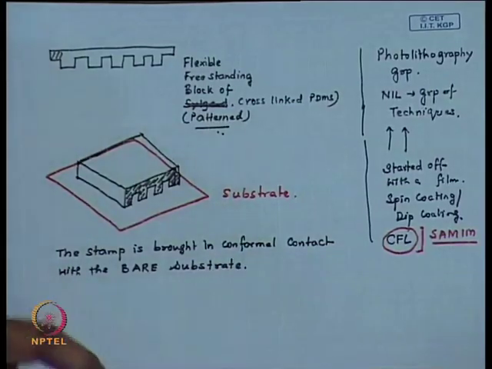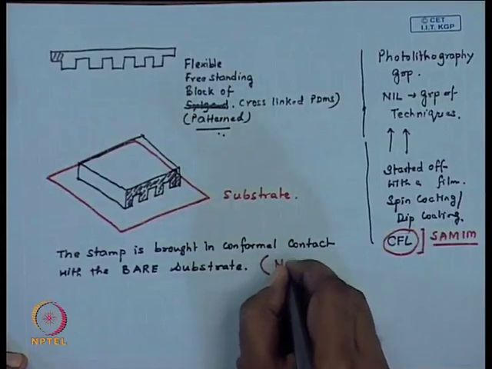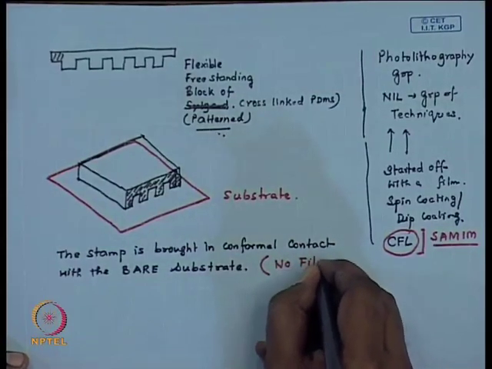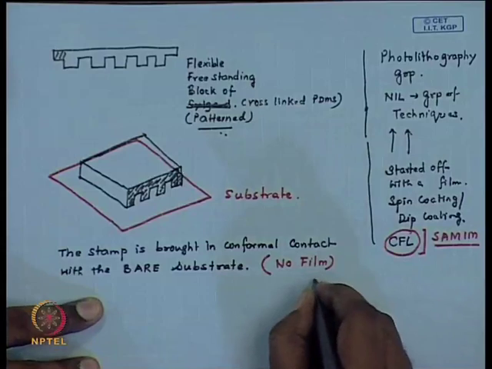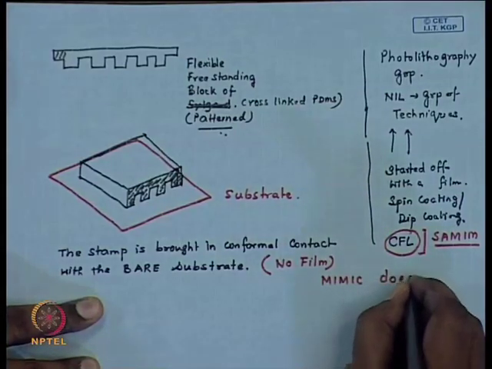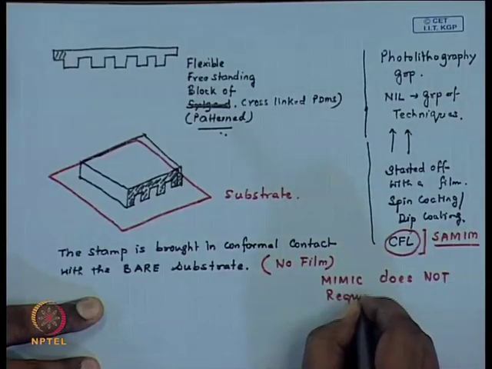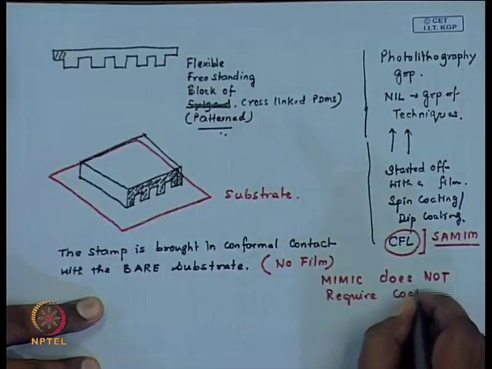This is extremely important and one of the key differences of mimic as compared to most other soft lithography as well as NIL and photolithography group of techniques. So, please remember that at the beginning there is no film, or in the classical form mimic does not require coating of a film.